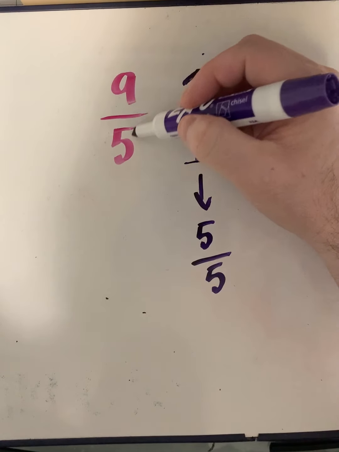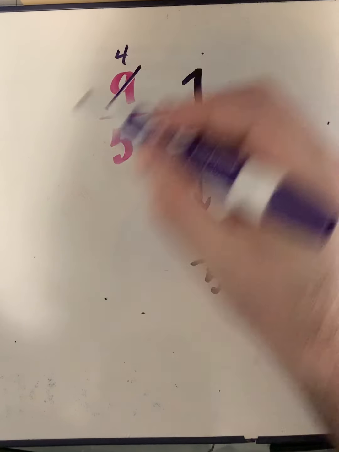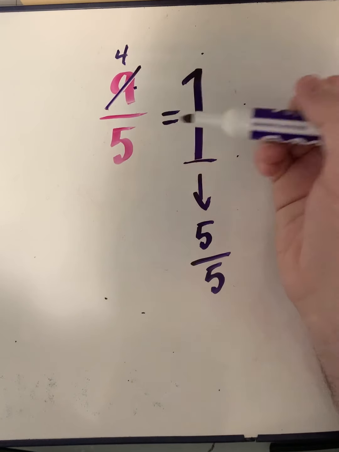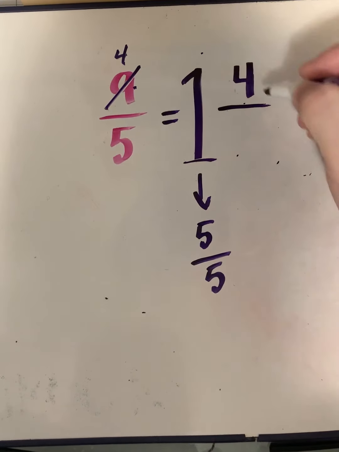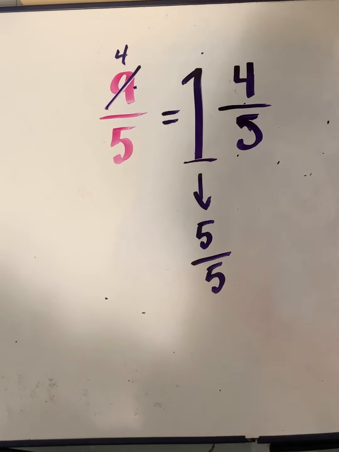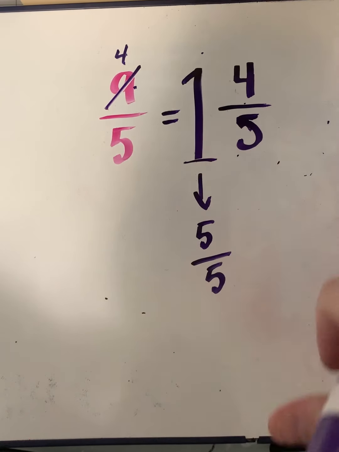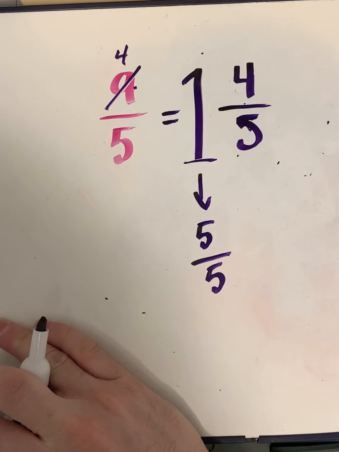But once I take that 5 out of this 9, I have to write down the remainder. So once I take the 5 out of the 9, I'm left with 4. So in my mixed number, I'm going to put a 4 up here, and the denominator stays the same, so we don't change that. So just a very basic idea of how to move them over in that way.